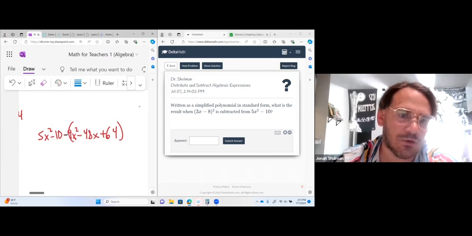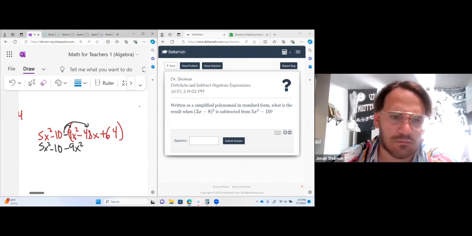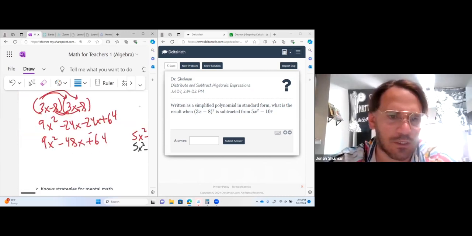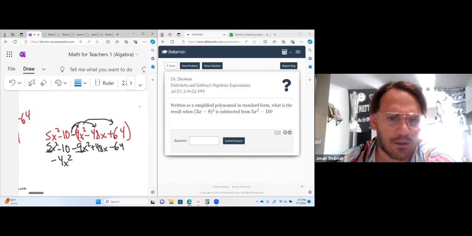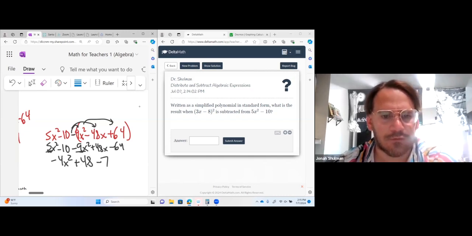This minus has to go to all of them. So it's 5x squared minus 10 minus 9x squared plus 48x, because the first one was negative, right? Yeah. And then it's going to be minus 64. We have to combine our like terms, so 5x squared and a negative 9x squared, so it's negative 4x squared plus 48x minus 74.